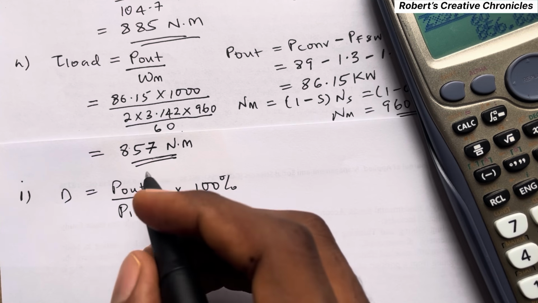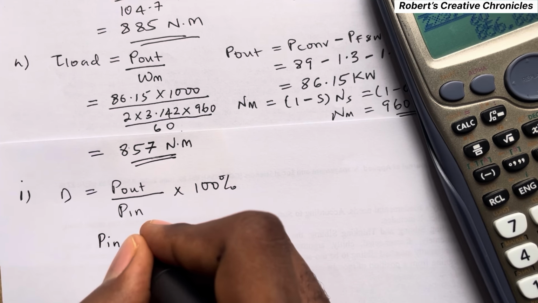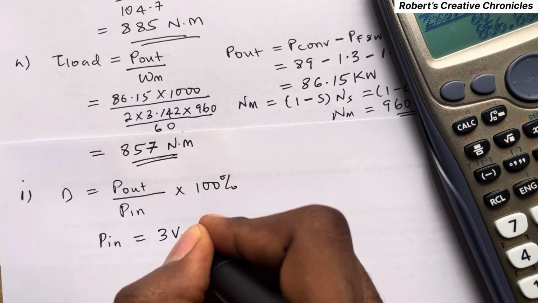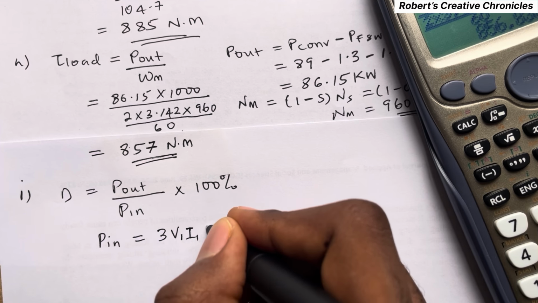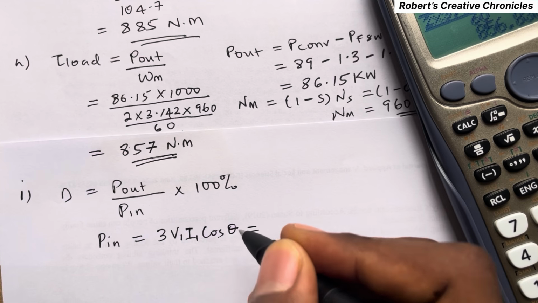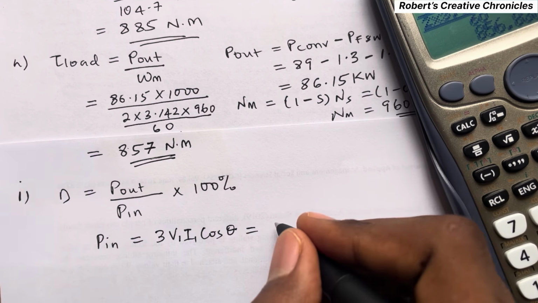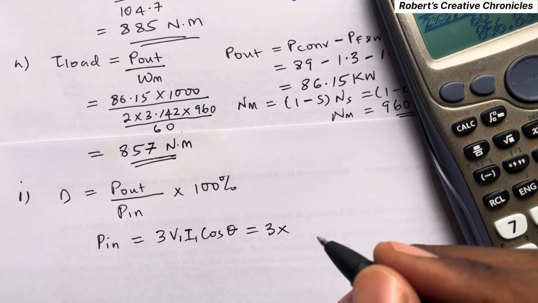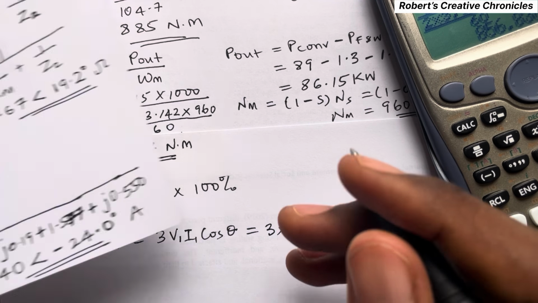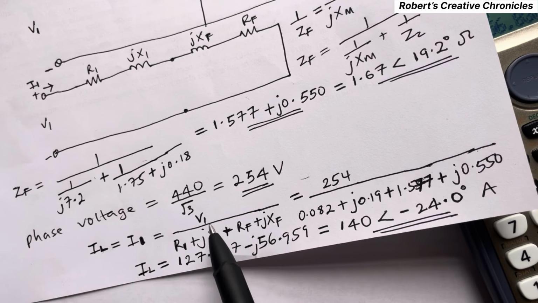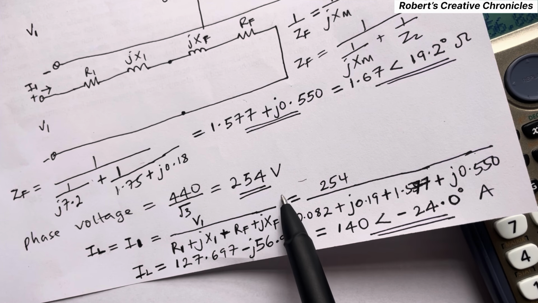We need to calculate the input power. The formula is 3 V1 I1 cos theta. And you know I1 is the line current. So this is 3 times V1, which is 254.